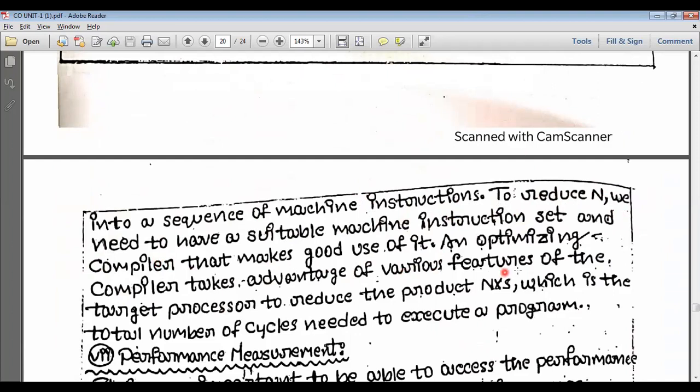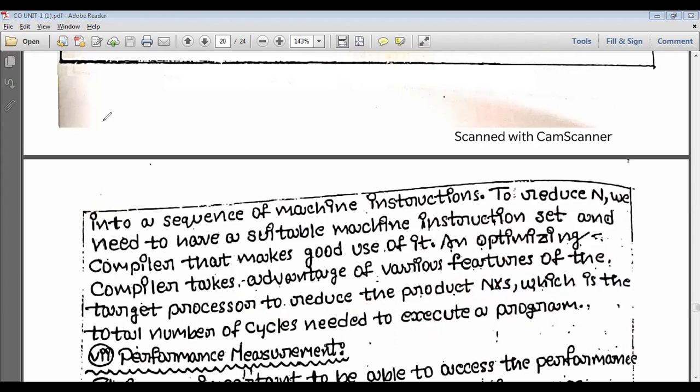An optimizing compiler takes advantage of various features of the target processor to reduce the product n into s. Whenever the product n into s is reduced, the execution time will be less, which is the total number of cycles needed to execute a program.